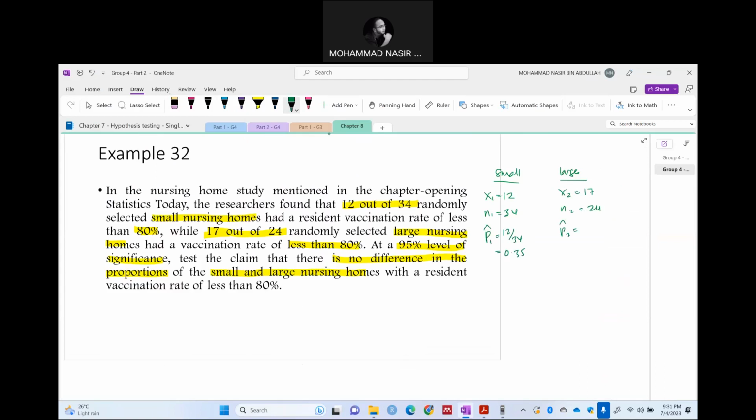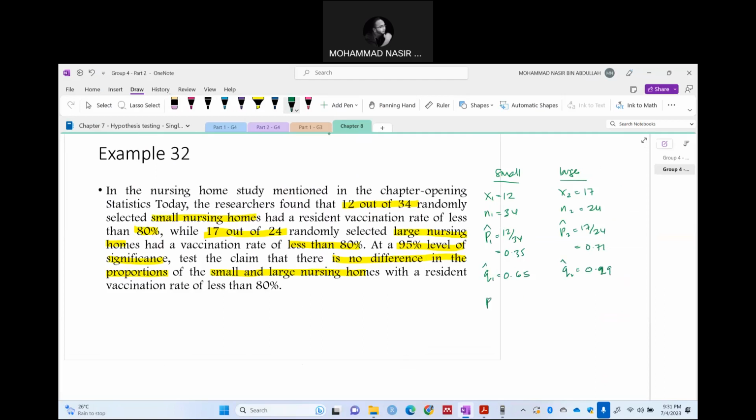P2 hat is equal to 17 over 24 equals 0.71. Q1 should be equal to 0.65. Q2 should be equal to 0.29.